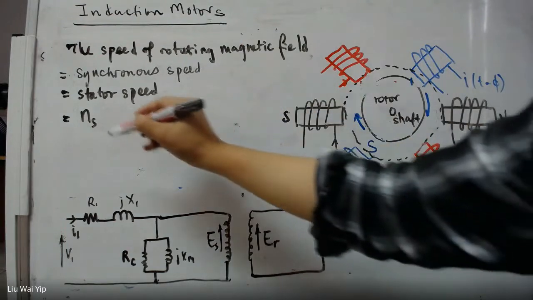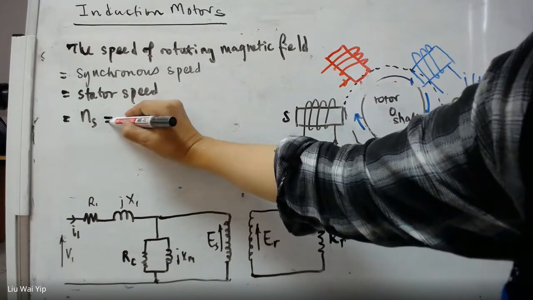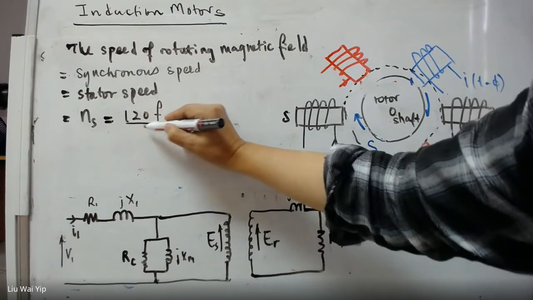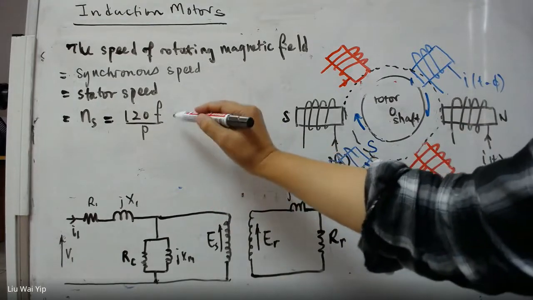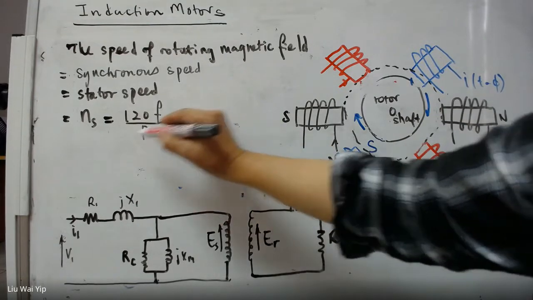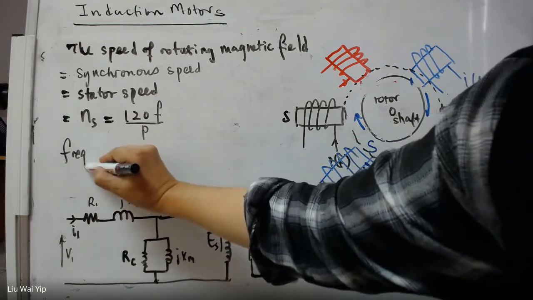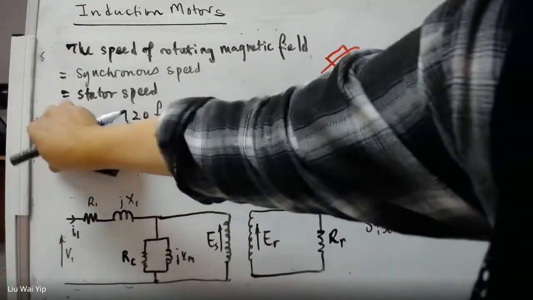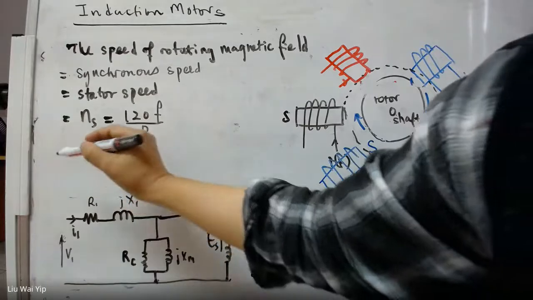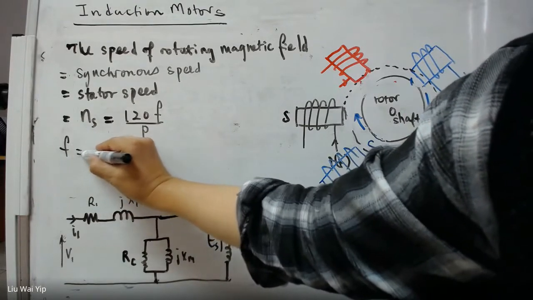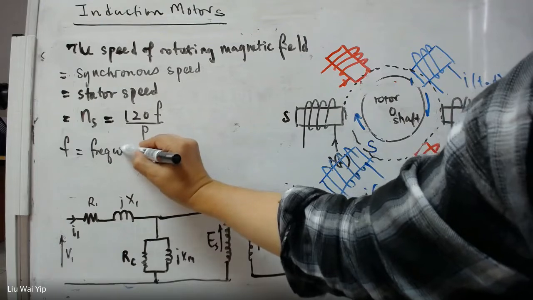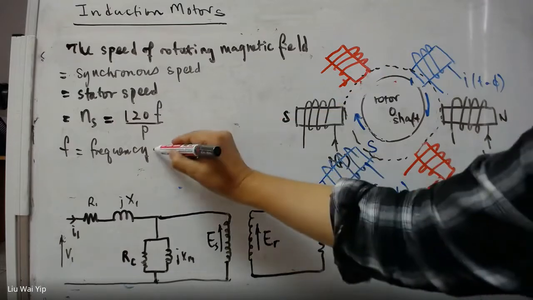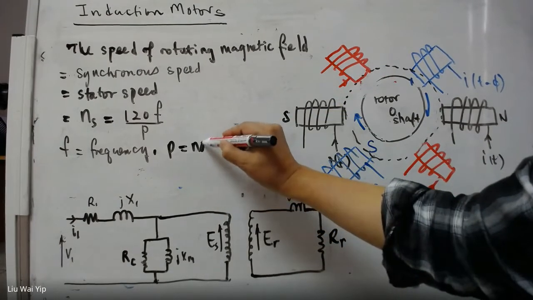And there is a formula associated with this NS: 120 times F divided by P. F stands for the frequency of the supply voltage, and P stands for the number of poles.